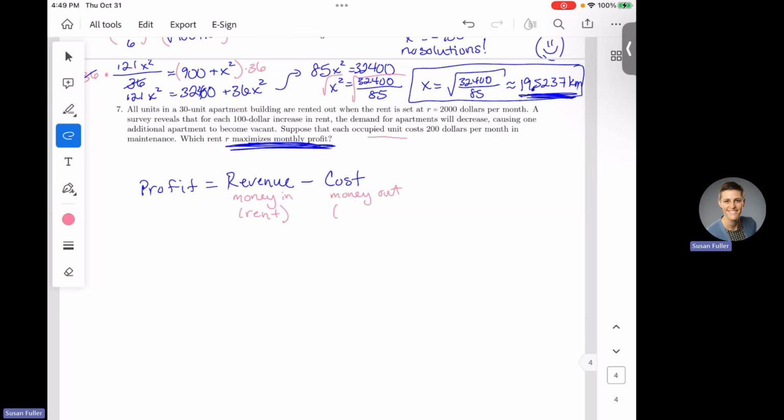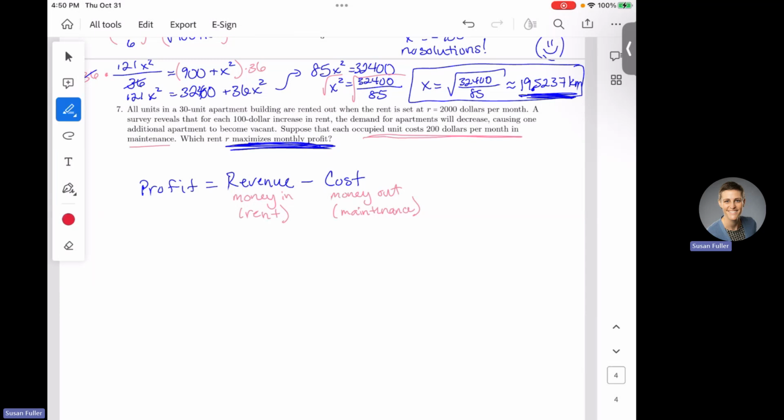Right here. Each occupied unit costs $200 in maintenance. So our money out here is the maintenance to keep all of these apartments running, essentially. So I'm going to have to figure out how to get all of the money that comes in rent and how to get all of the money that goes out in maintenance. And I'm going to subtract those to get my profit. And then I'll have my equation.